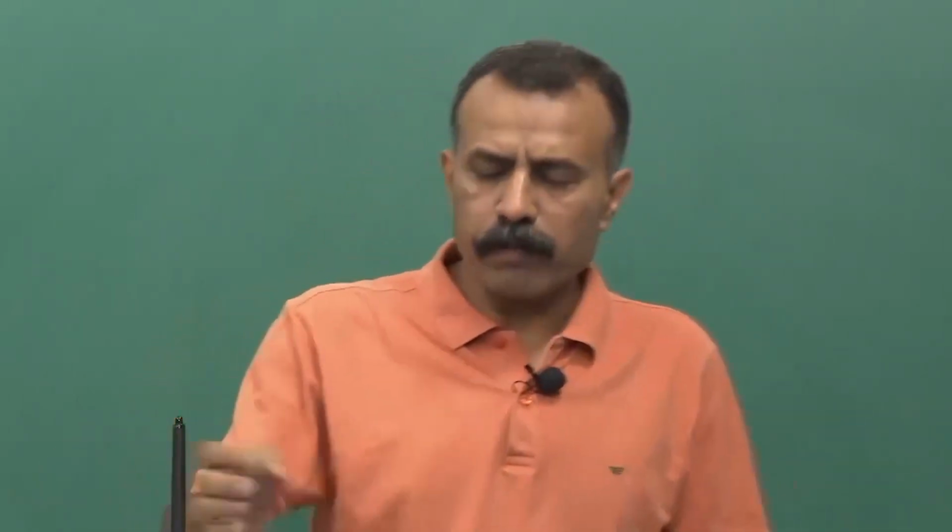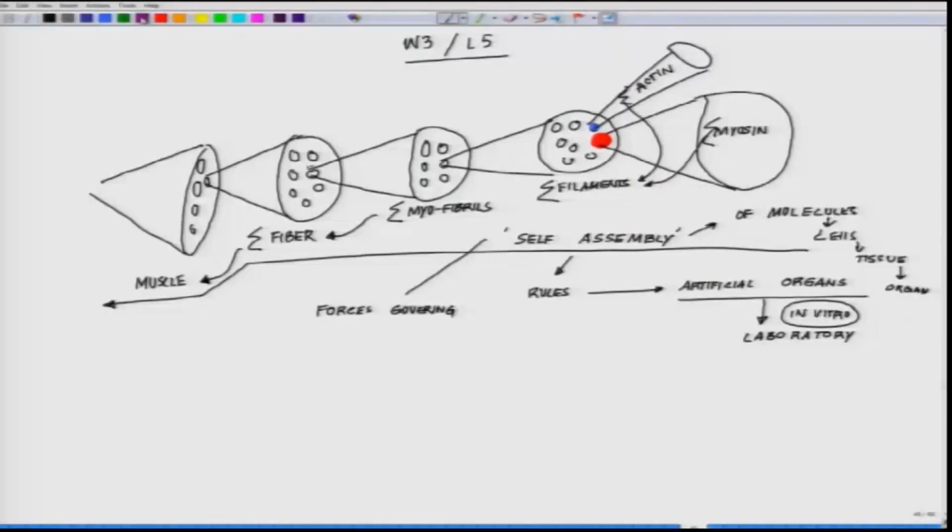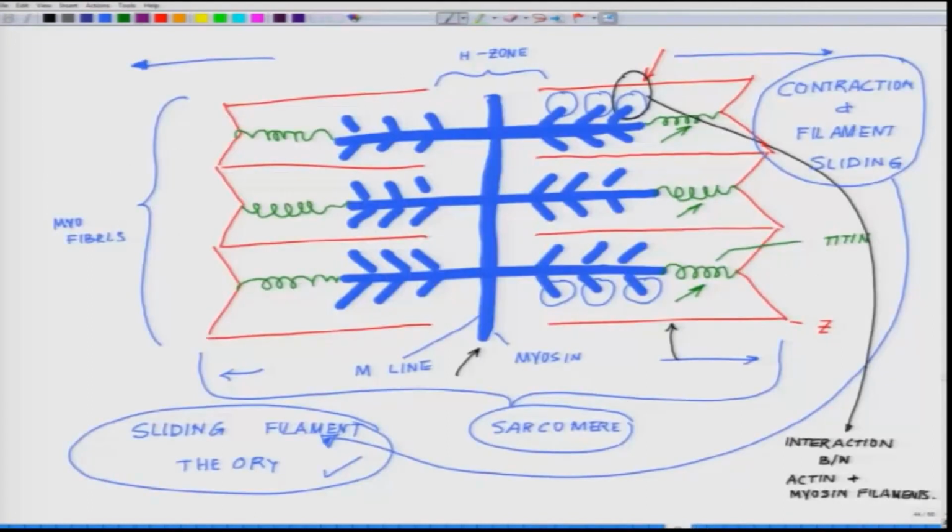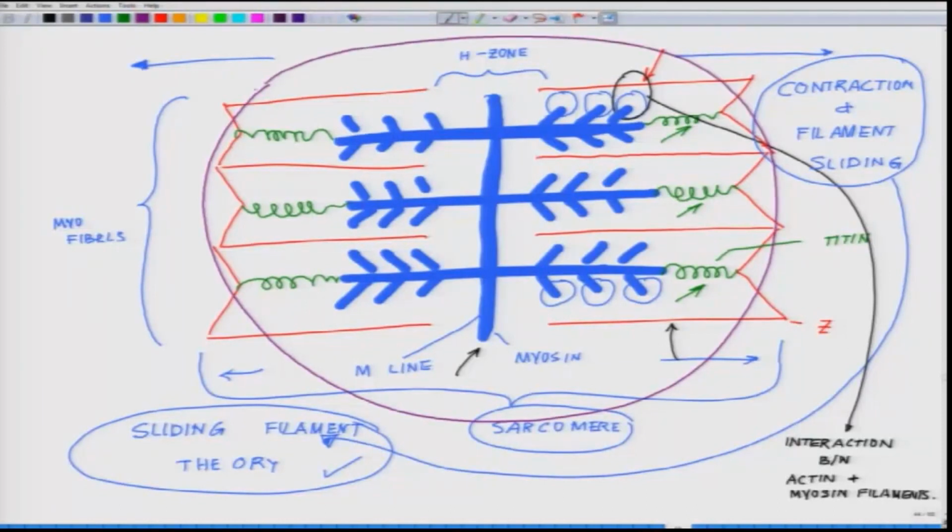Okay. Now, coming back to the self assembly of these two things, where in the previous class we ended that they form something like this, a sarcomere like structure, which is called a sarcomere unit. Today we will talk about even further self assembly of these myosins and these actins.